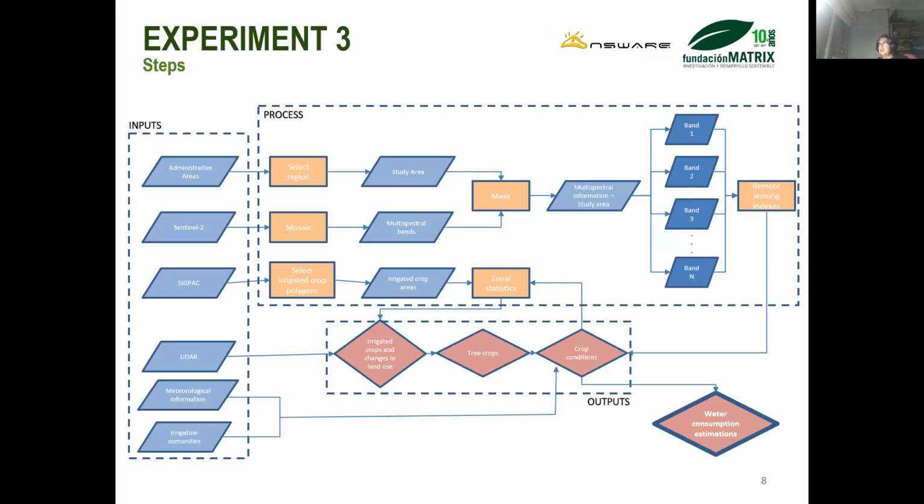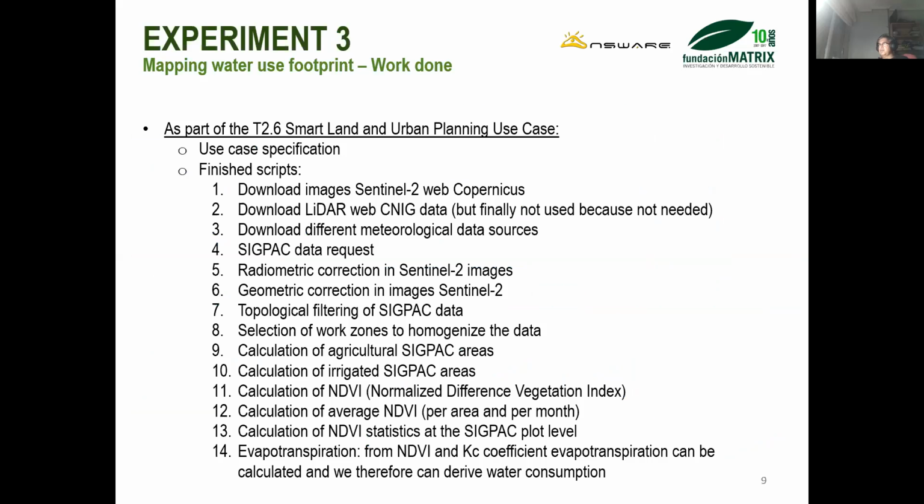The steps: inputs on the left side, all the data sources, and then the process that we can parallelize, and then what are the outputs: irrigated crops, changes in land use, crops, and crop conditions. And at the end, we are able to estimate the water consumption.